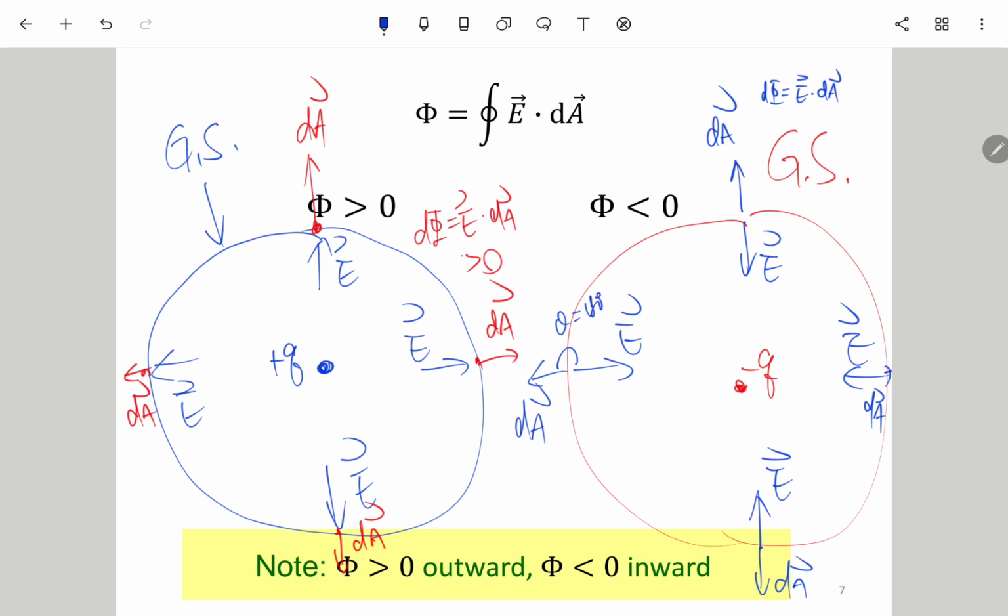Cosine of 180 degrees is -1, so this one is always negative. When you add all the negative values together, the sum will be a negative value.